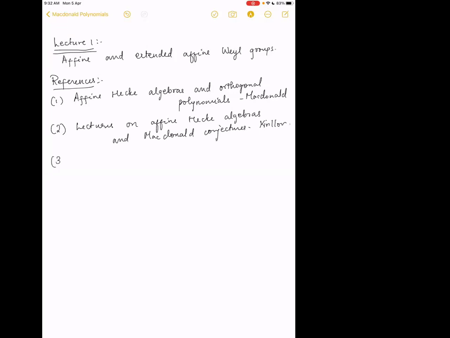And another article which I found helpful on arXiv is Cherednik Algebras, MacDonald Polynomials, and Their Combinatorics. This is by Mark Haiman.